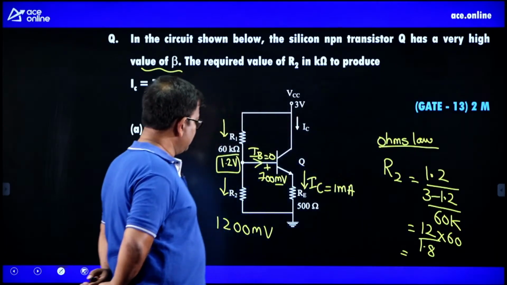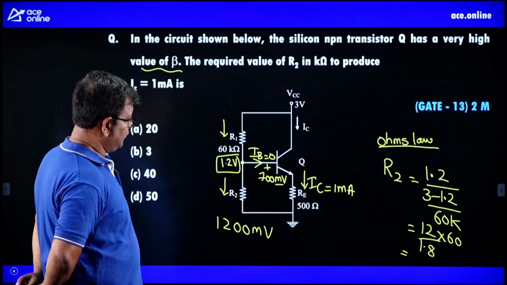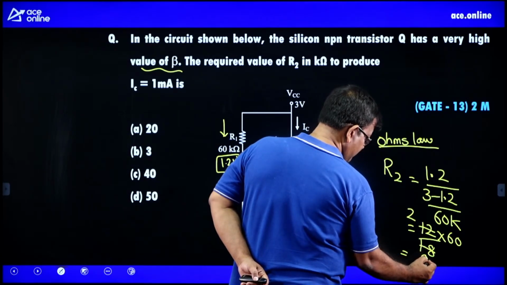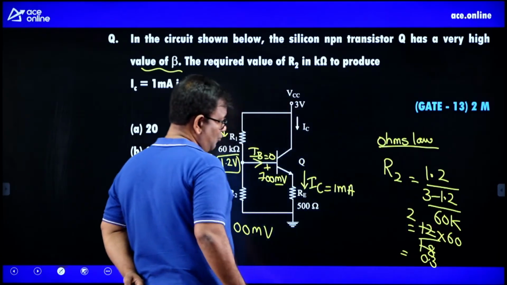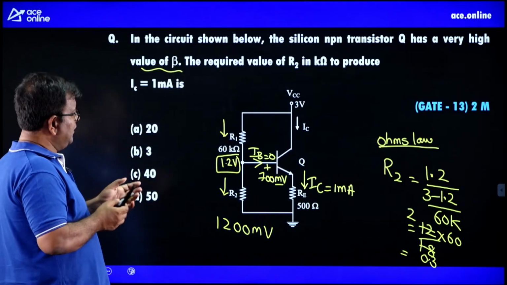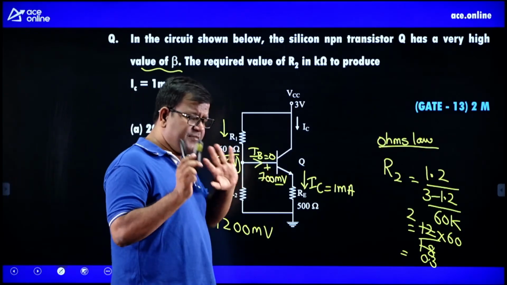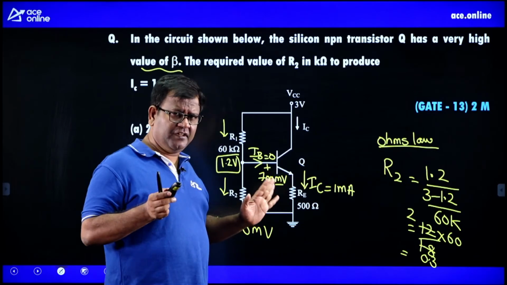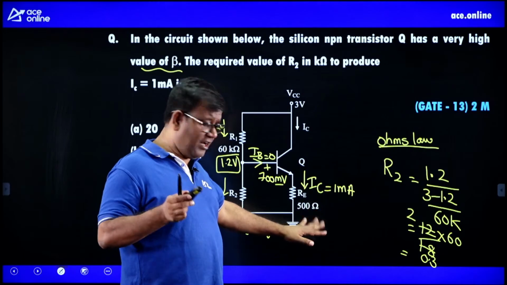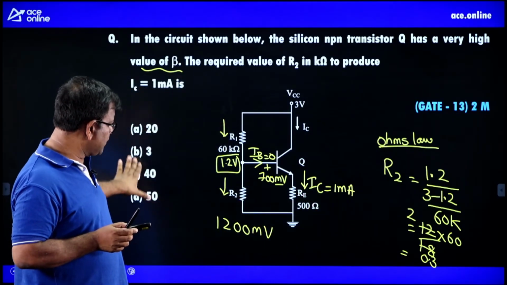So I think there is a slight mistake in the problem, because 1200 by 0.3 does not match. What I assume is that there is a printing mistake here. I have a gut feeling that this is not 500, it should be 50, because if it is 50, then my answer comes close to the options.